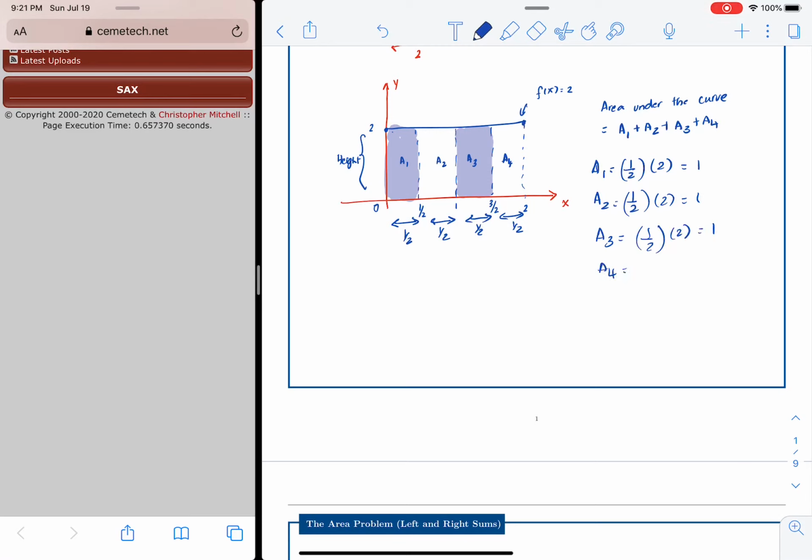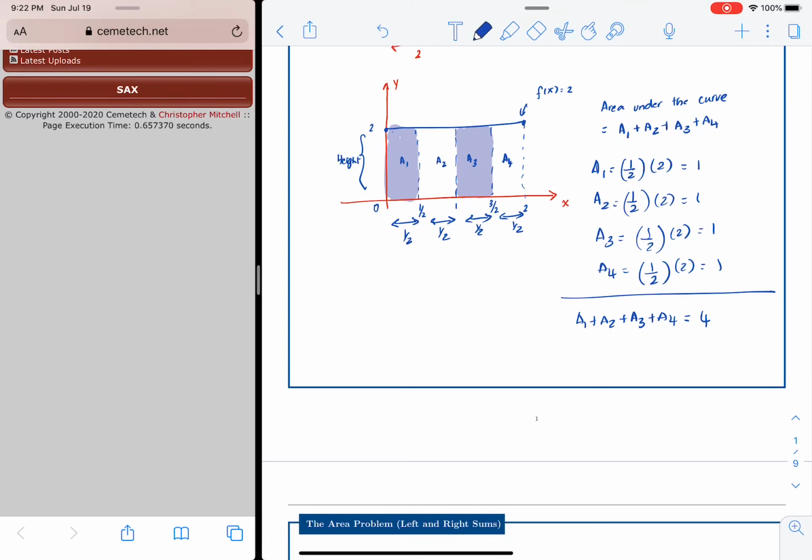And the fourth rectangle. And we eventually add all of them together. The total is simply 4.